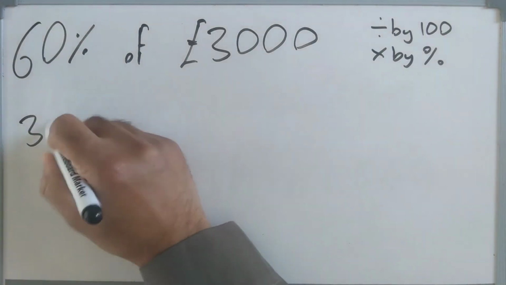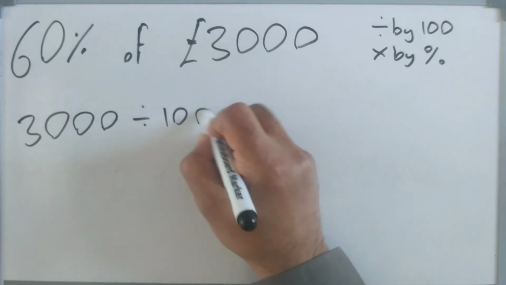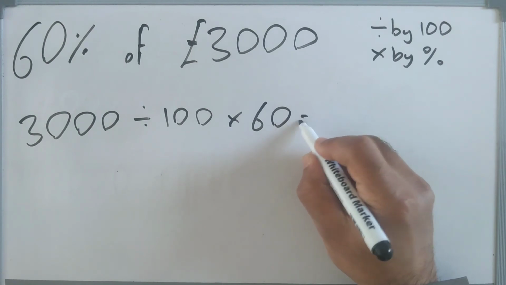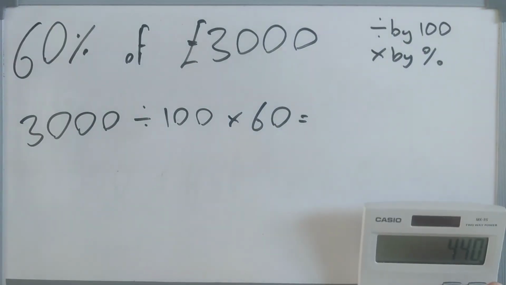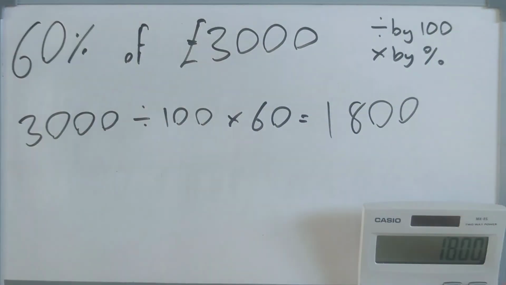So we get the 3,000 divided by 100 times by 60. £3,000 divided by 100 times 60 equals £1,800.